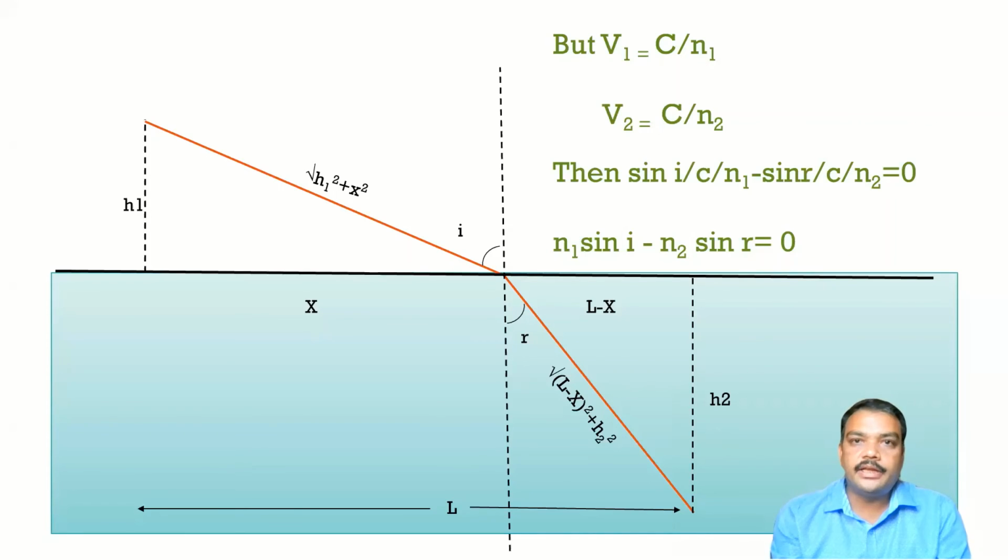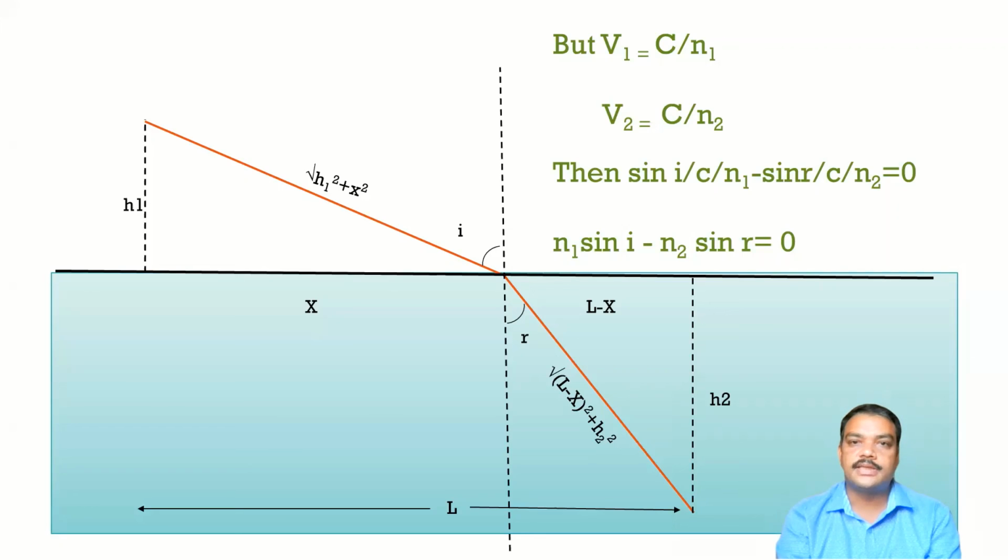But the speed of light in air, v1, can be written as the ratio of the speed of light in vacuum by the refractive index of air. In the same way, the speed of light in water can be written as the speed of light in vacuum by the refractive index of water.